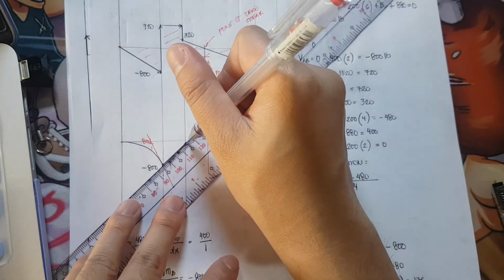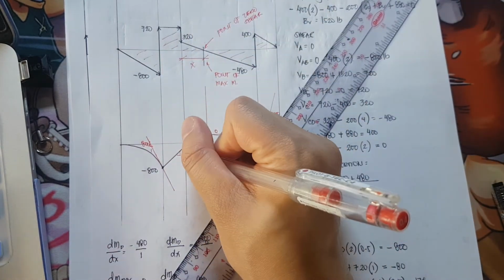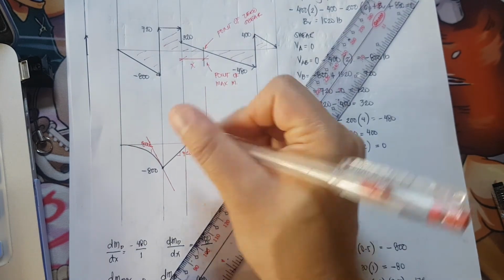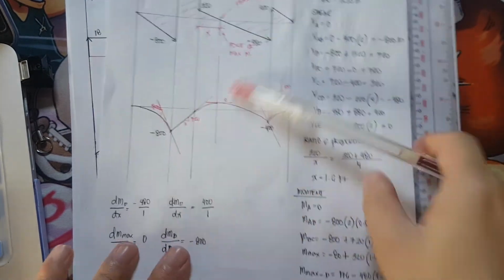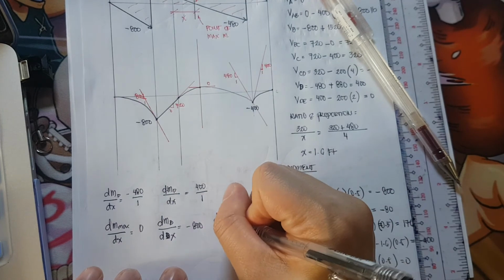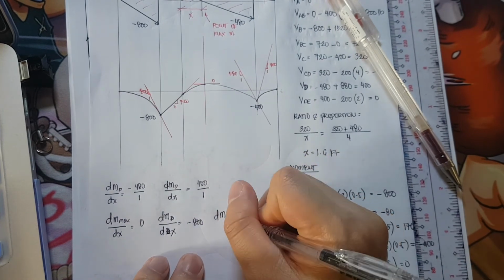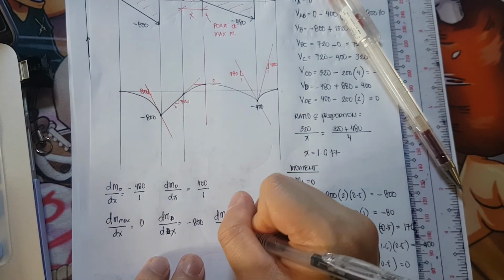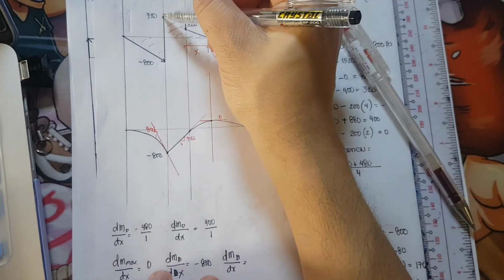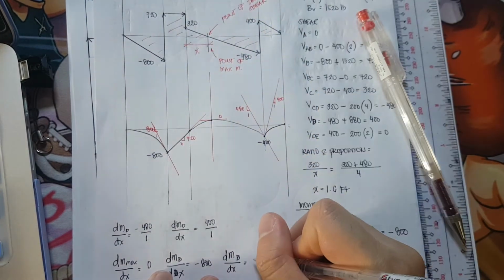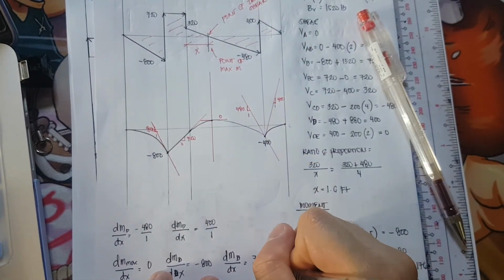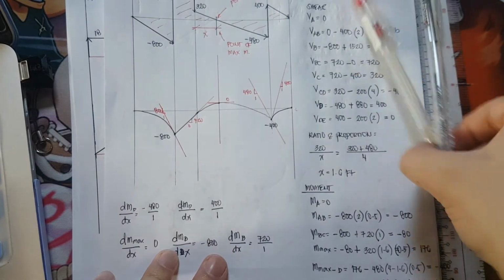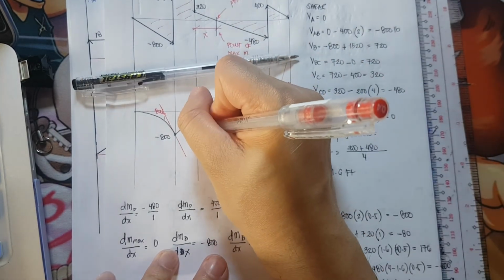If I am to extend this, yan. So that is 720 is to 0. Bakit 720? The derivative of moment B with respect to x is equivalent to the shear. So that is 720. So 720 is to 1.